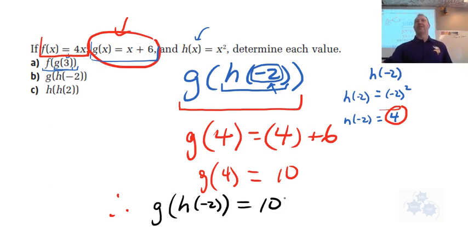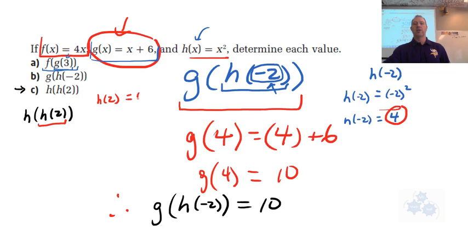So here's the funny thing. A function could go inside itself, too. We put a function inside of itself. That's what C is. I know, that just seems wrong, doesn't it? h of h of 2. Okay? Let's focus on the inside h of 2 first. Well, h of 2, where's the h function? Right here. Equals 2 squared. You see that?